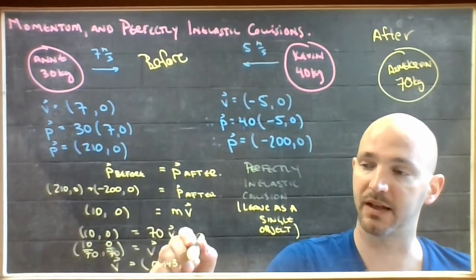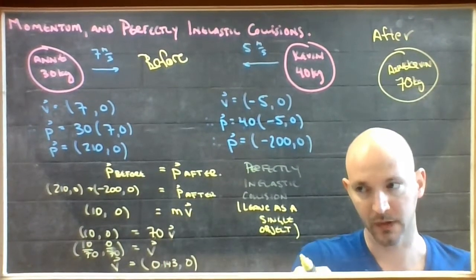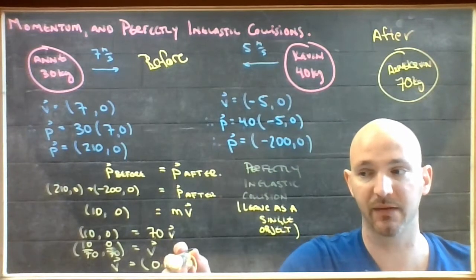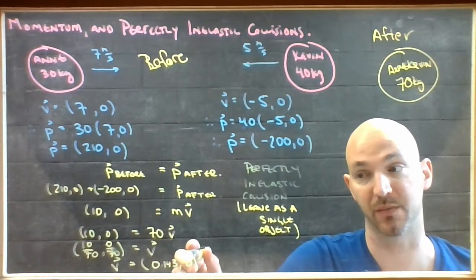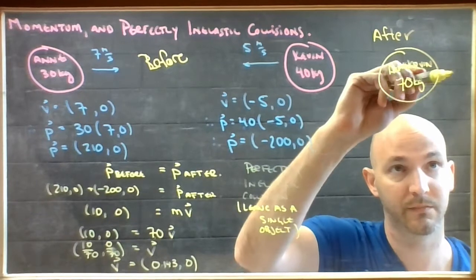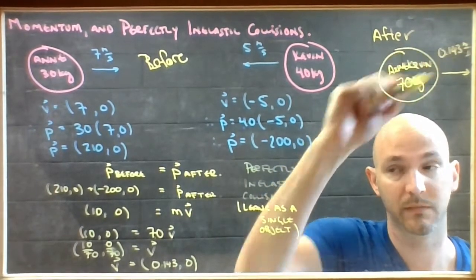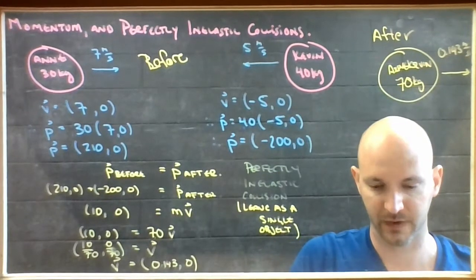And 0 divided by 70 is 0. So what I've just figured out is this fused object is traveling at 0.143 meters per second to the right. And 0 up and down.